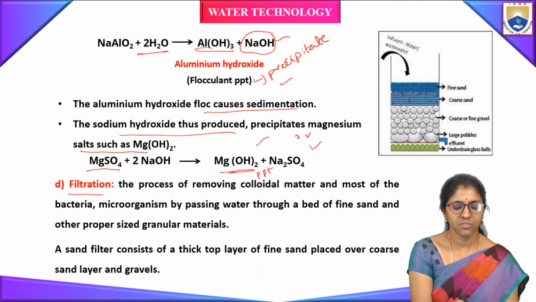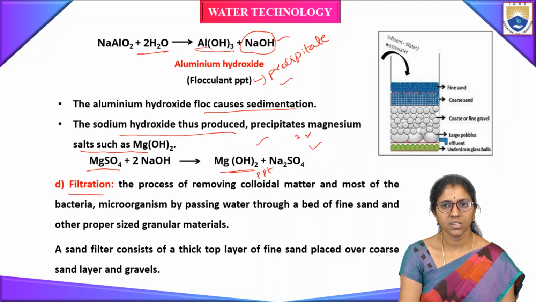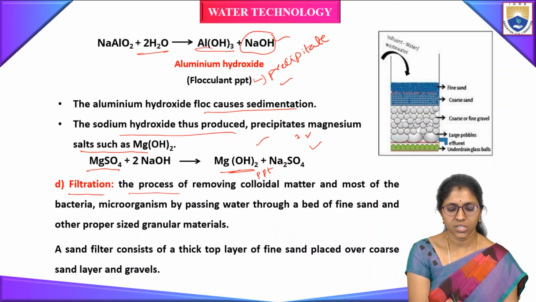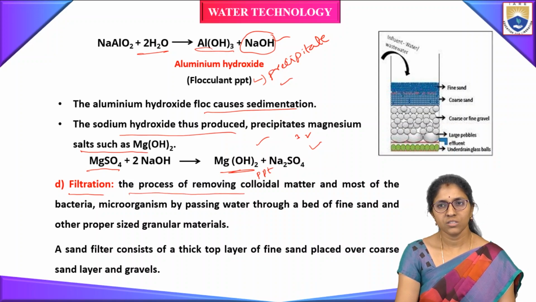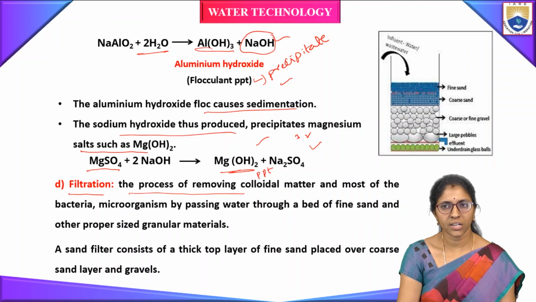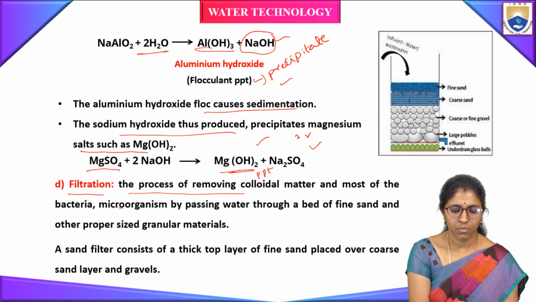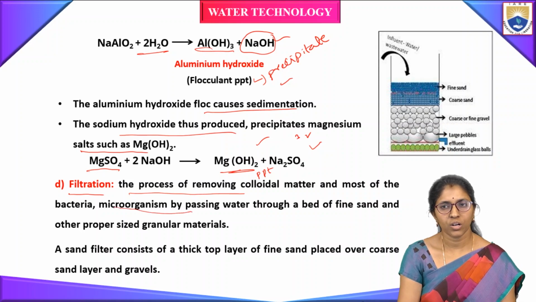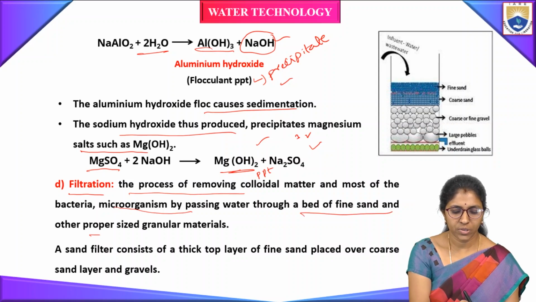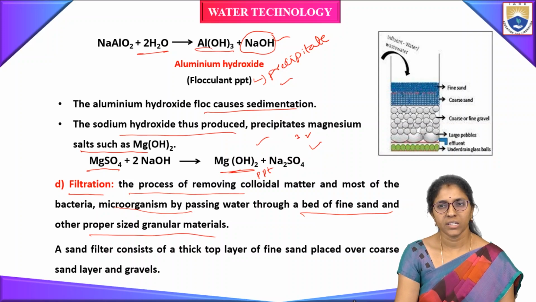The next step is filtration. This process is used for removing colloidal matter and most of the bacteria and microorganisms by passing water through a bed of fine sand and other properly sized granular materials.